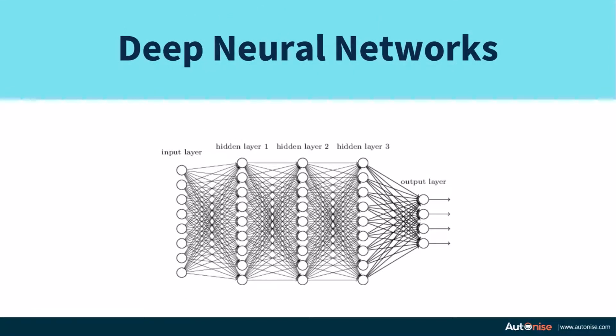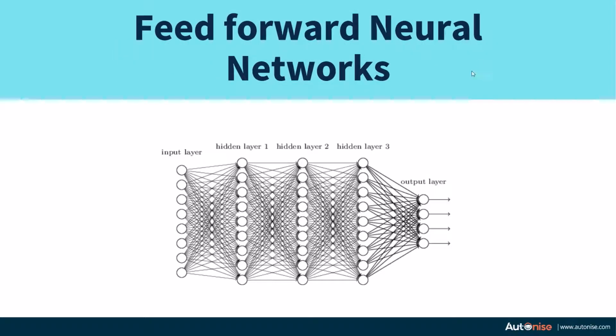So what are deep neural networks? You will hear a lot of terms like deep neural networks, and what it means is that you have multiple hidden layers. If you combine multiple layers and join them one after the other, then it's called a deep neural network. It is also called feed-forward neural networks. It's one and the same thing.